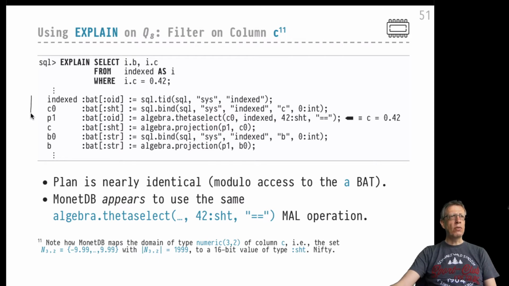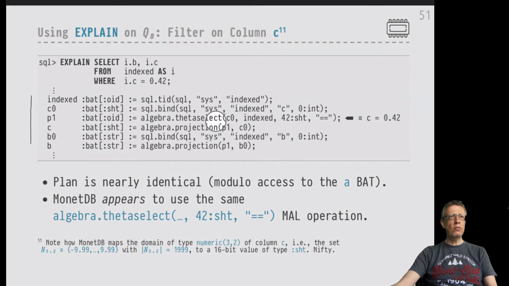You will see that this is just the MAL program that we've seen before. Of course, there's no reference to the A column now, and that's fine. But this is the same structure of MAL program. We access the visibility information, we access the raw C column. We will then use algebra theta select to evaluate the predicate on the C column.